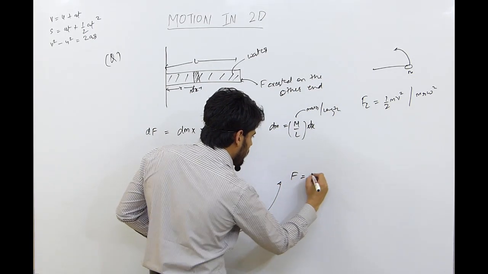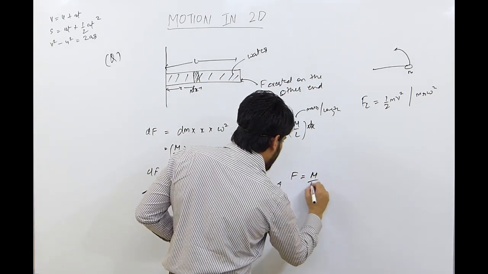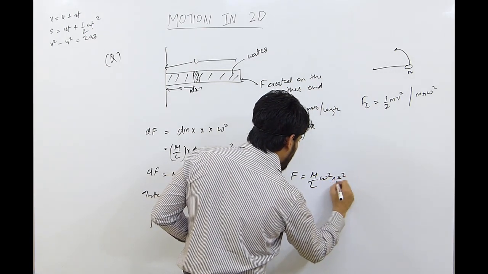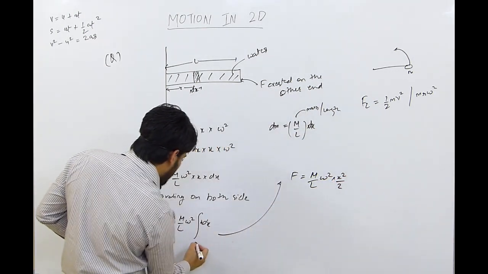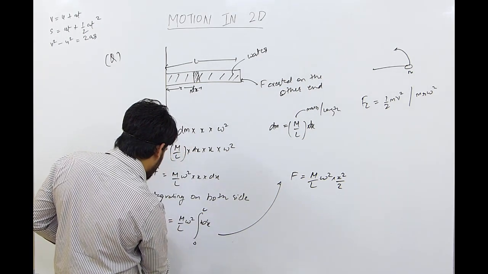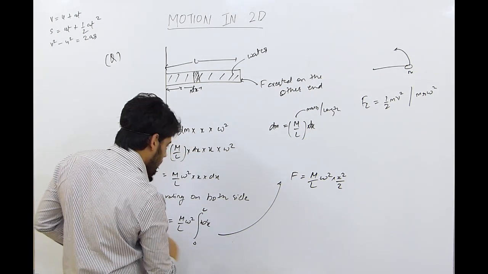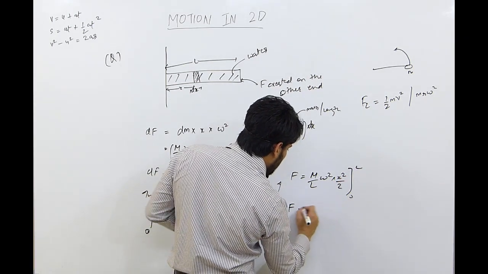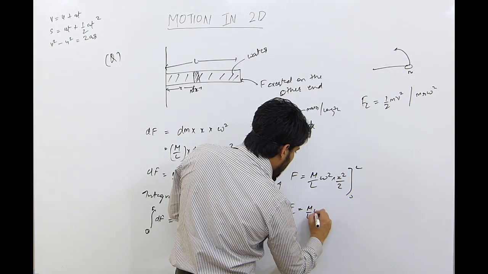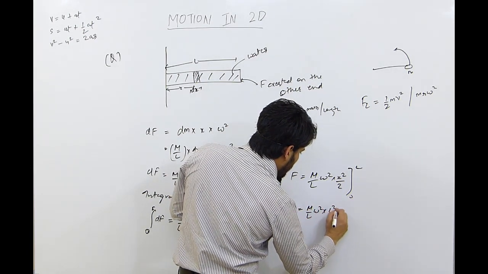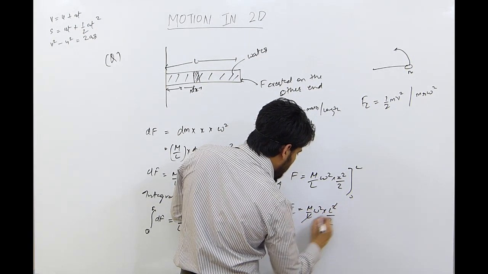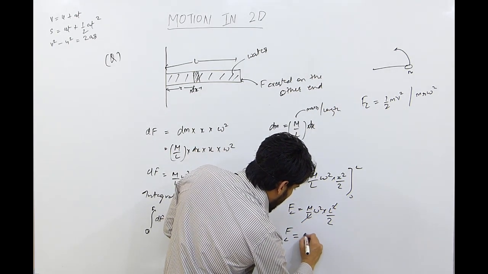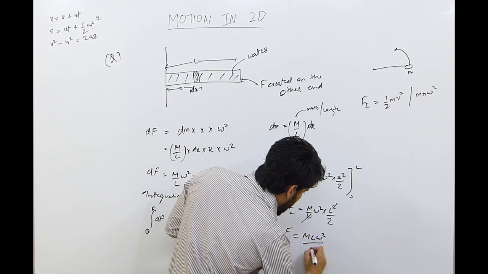So f is equal to m by l omega square into x square by 2, integrating from 0 to l, and this is from 0 to f. So the total centrifugal force is m by l omega square into l square by 2. One l is cancelled, so the centrifugal force is equal to m l omega square by 2.